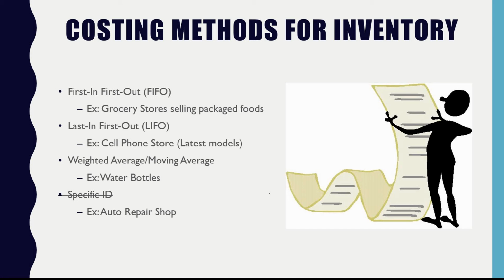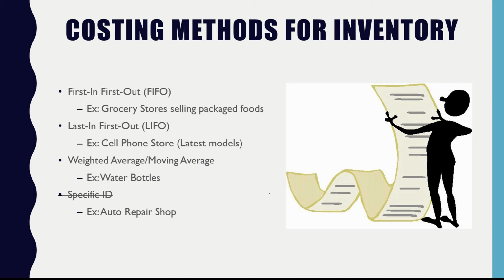Whereas with FIFO and LIFO, it depends on the market, it depends on the availability. Things can go over or things can go under. But in this case, when we look at weighted average, we're spreading the cost evenly amongst the total quantity that you have on hand.